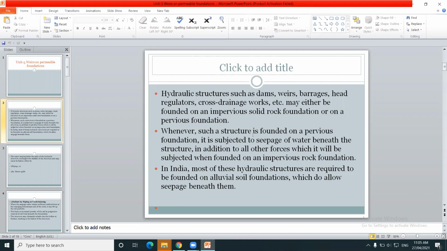They may be placed over the impervious foundation or pervious foundation.